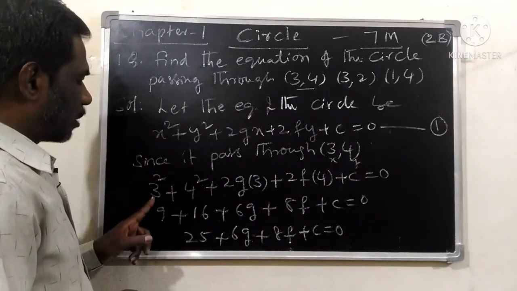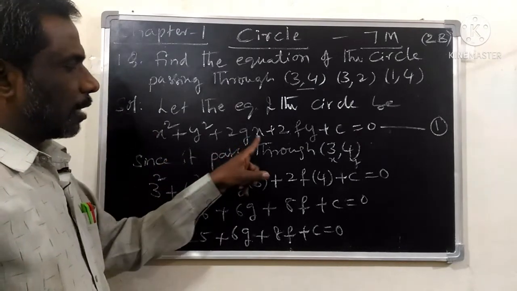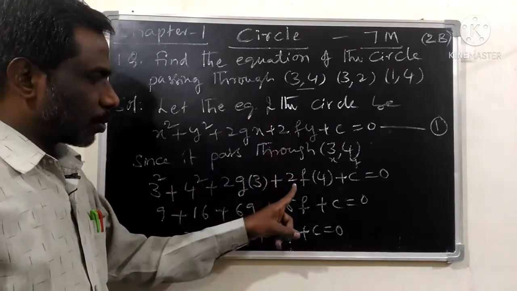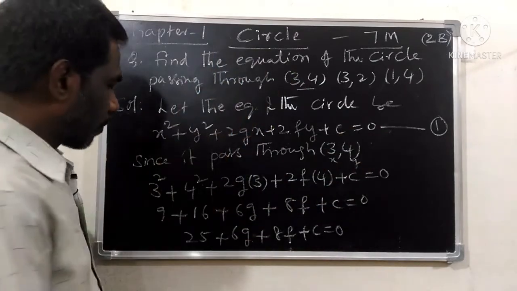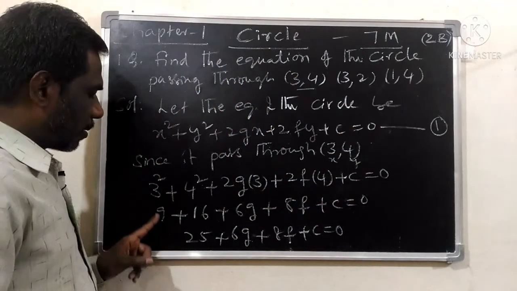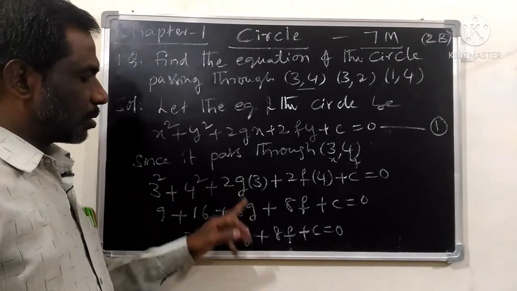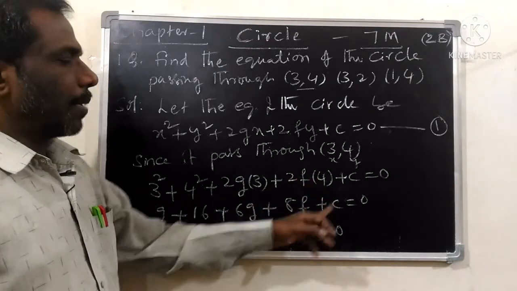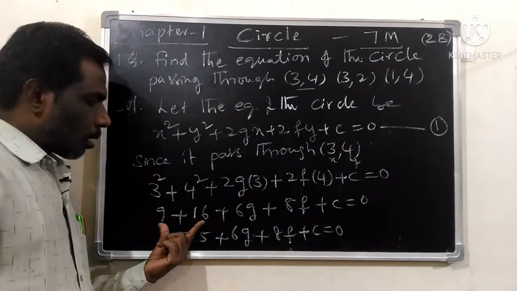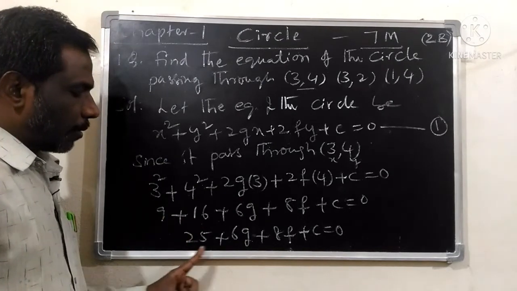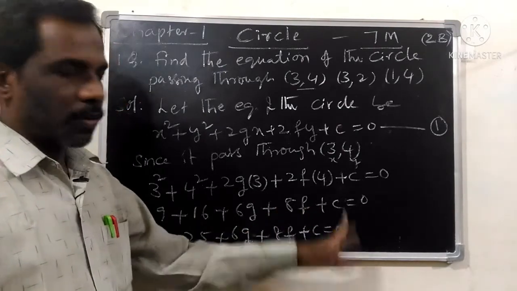So 3² plus 4² plus 2g, written as it is, with x replaced by 3, and 2f as it is, with y replaced by 4, plus c equals 0. Now 3² is 9, plus 4² is 16, plus 6g plus 8f plus c equals 0. If we add these two constants, 9 plus 16 is 25, plus 6g, 8f and c as they are, equals 0.